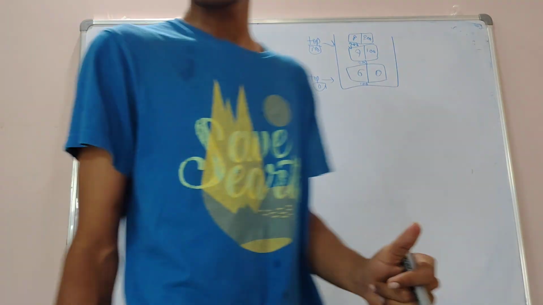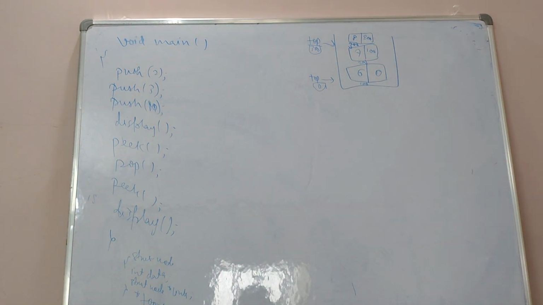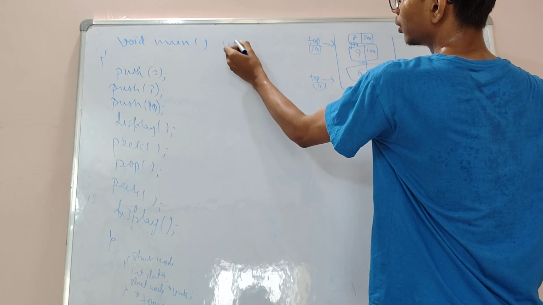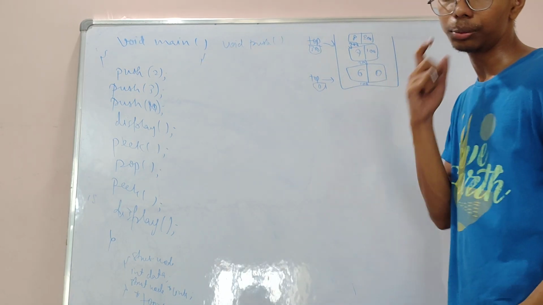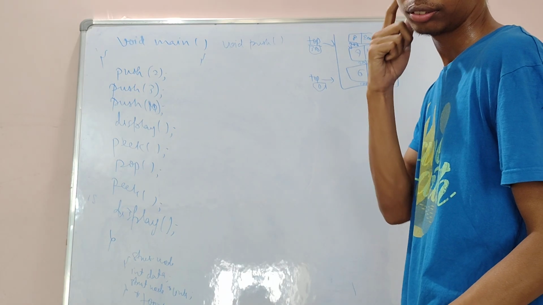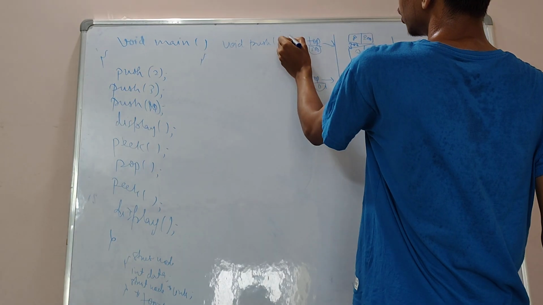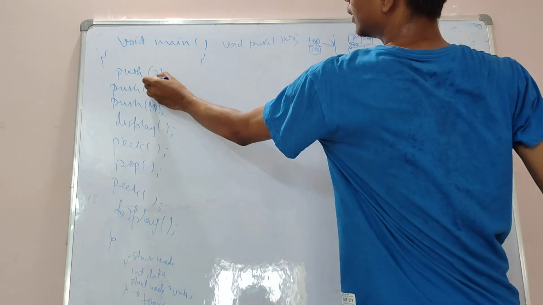This will act as head pointer. Now suppose for inserting, I am writing the function void push. Here I will take int x because this is an integer argument.